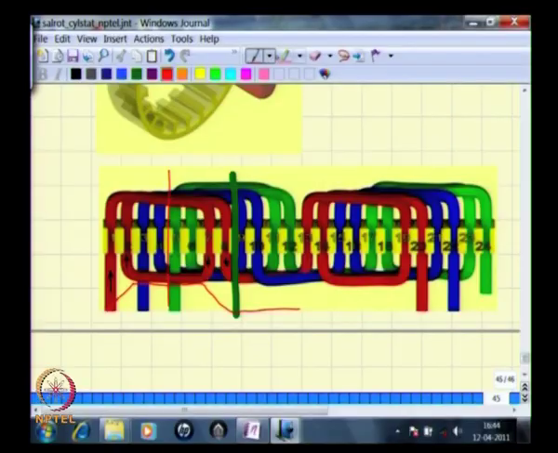Now if you consider the coil that is marked in green, so you have current flowing in here, current flowing in, again current flowing in, and at these 2 points currents are flowing out, and therefore for the green phase the MMF distribution would look like this.